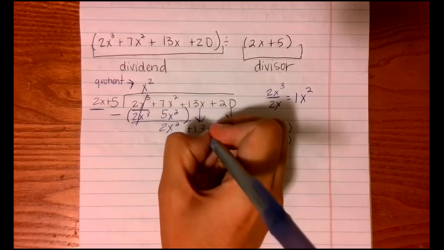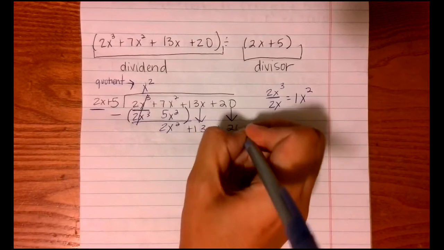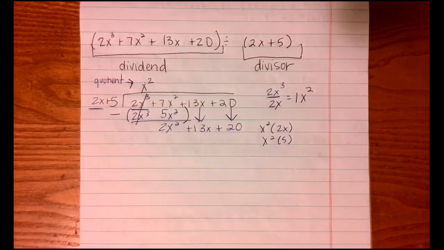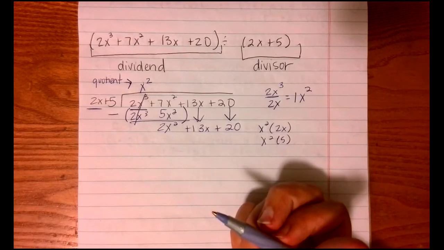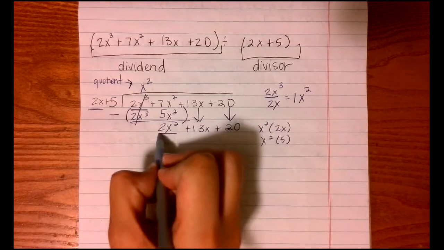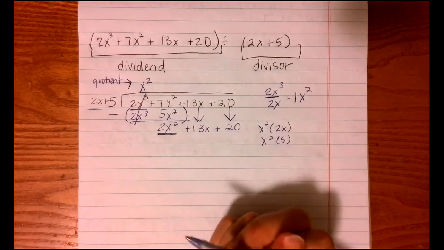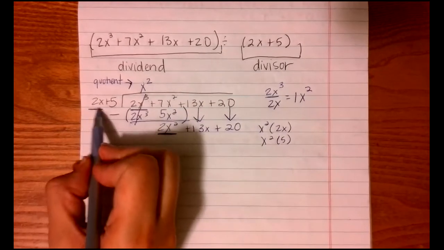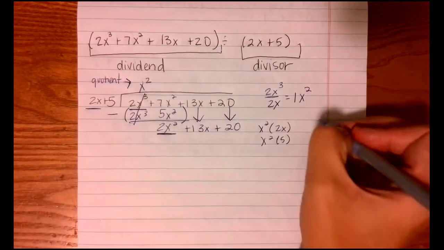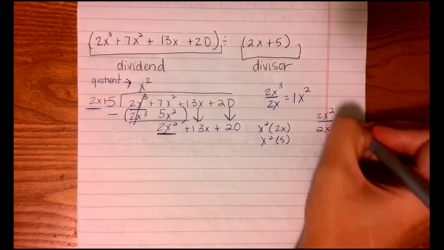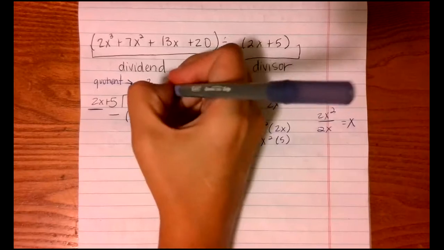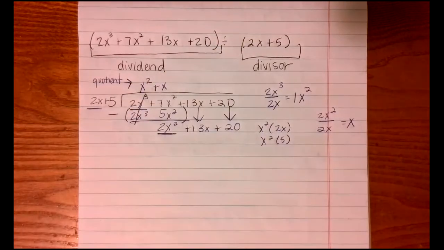So I'm going to bring down the 13x and the 20. All right, and then we're going to do it again. You start over. So 2x squared is my new first term, and we're still dividing by 2x, which gives just 1x. Since it's positive, you write plus.